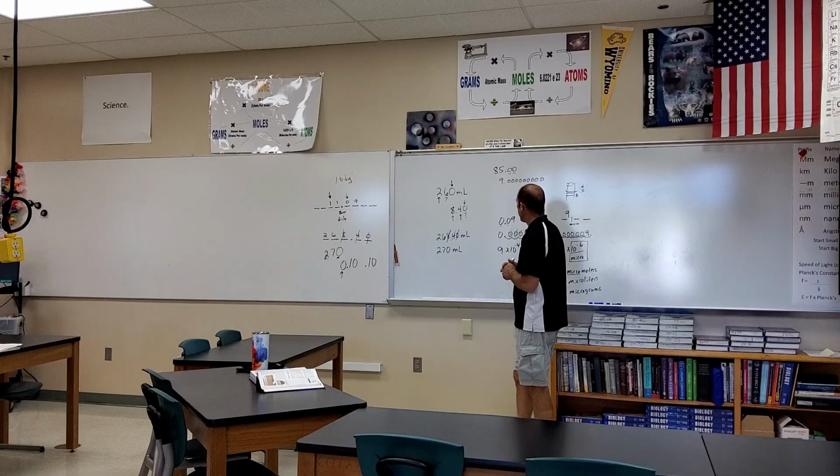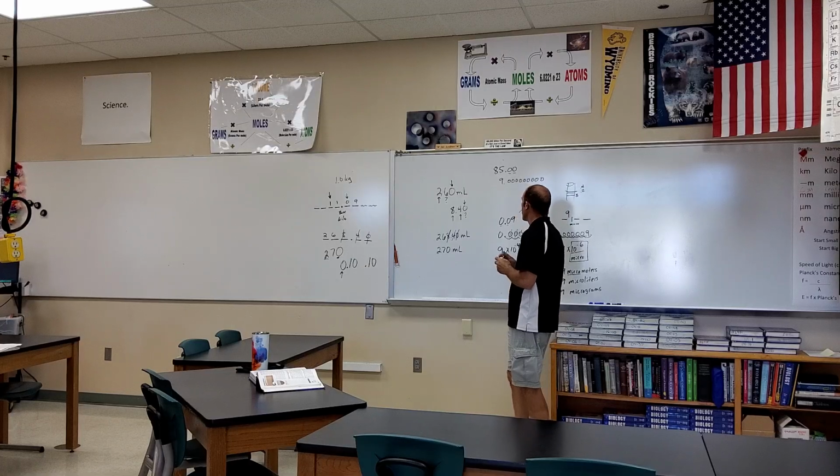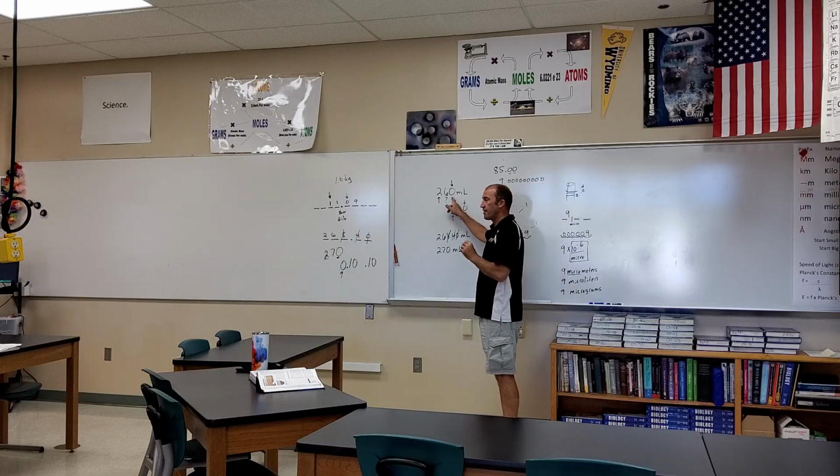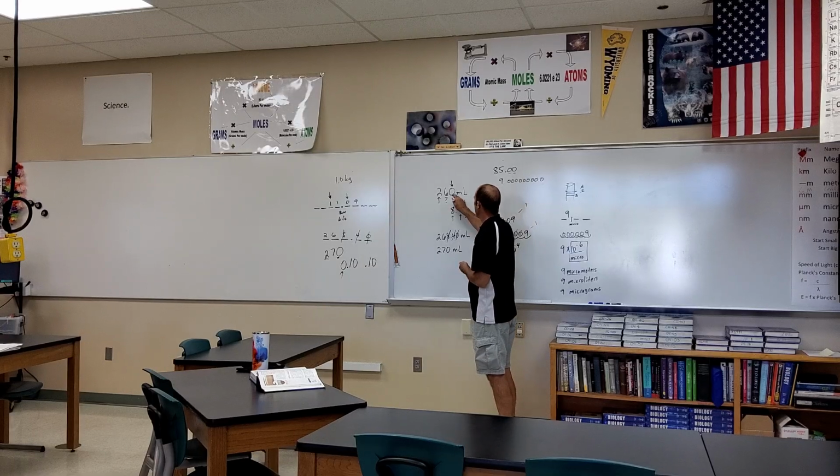Now there is an exception to that rule. What if we actually did measure it and there were no ones? How would we show that the zero is significant? By putting the decimal point after it.